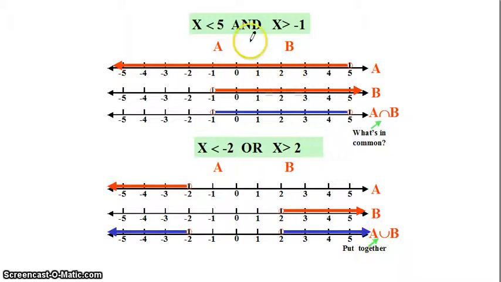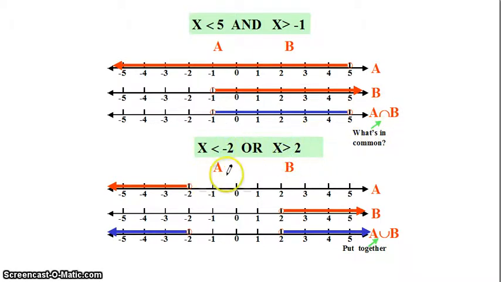Because they have to satisfy both of them. It has to be less than 5 and greater than -1. So we just put these two together, and all of these numbers are less than 5 and greater than -1. So 2 is greater than -1. It's also less than 5 at the same time. So this is an intersection.